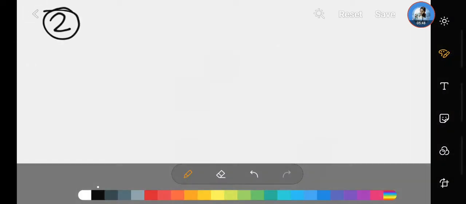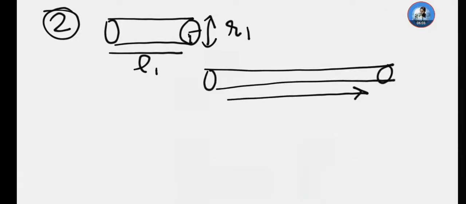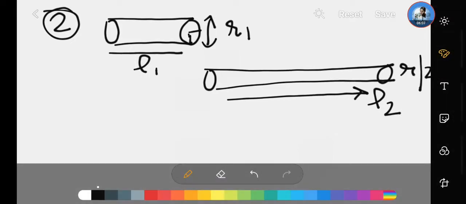This is a wire of length L1 and radius R1, and when it is stretched, its length increases and radius becomes half. We have to find the new resistance after stretching.